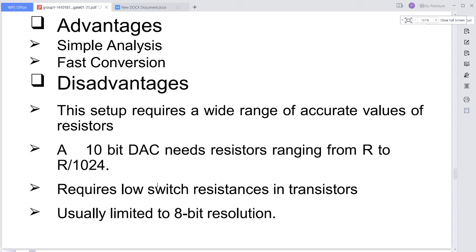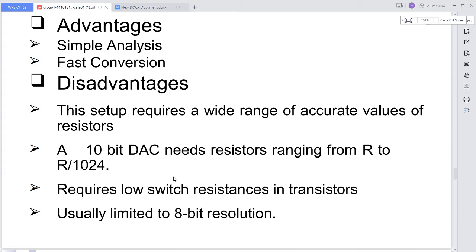And coming to here, this offers very simple analysis, because when the bit is 1, we can consider it is on, and when the bit is 0, we can consider it is off. That means whatever switches we use in the weighted resistors, we have to use switches with low resistances.